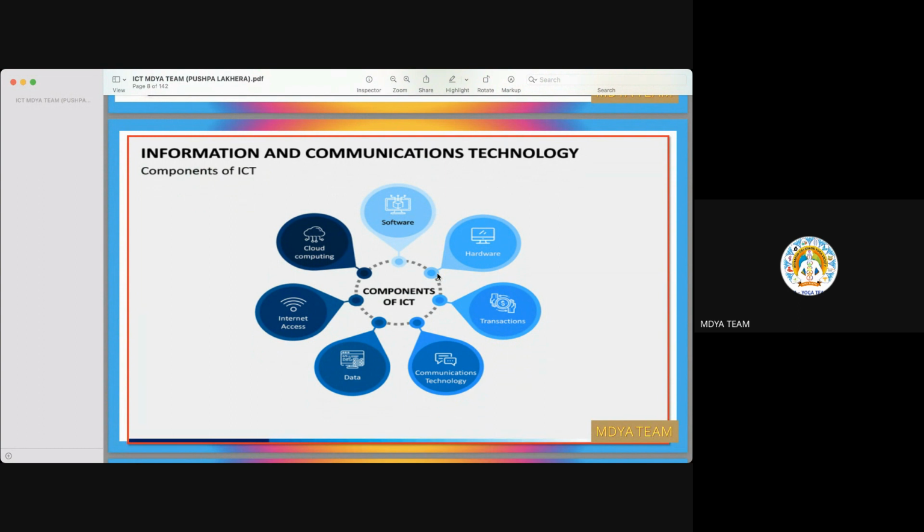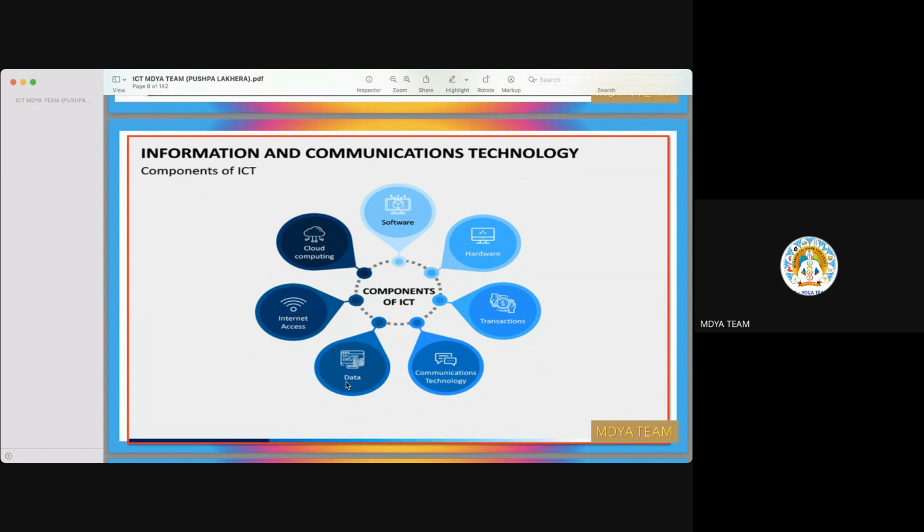So for controlling purposes, they use some software, some languages to communicate with that hardware. There should be communication between the hardware and the software. Then communication technology and data: how they understand what you want, and how they produce the output you want.